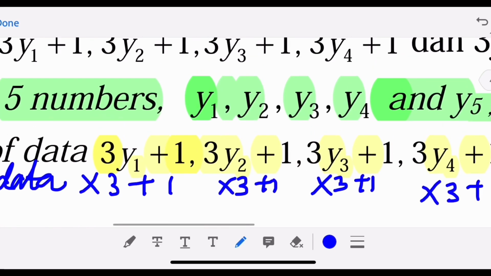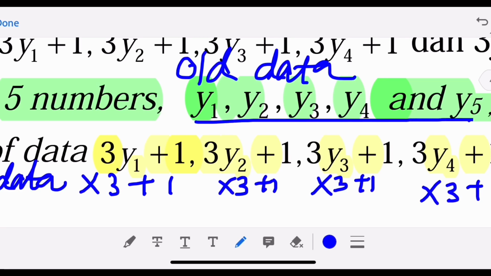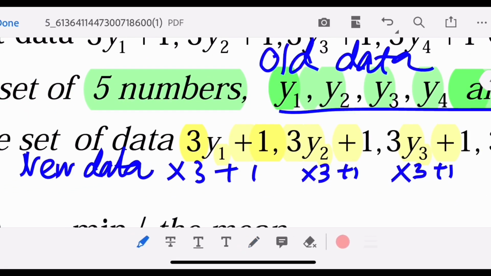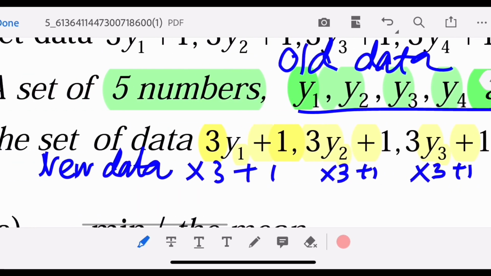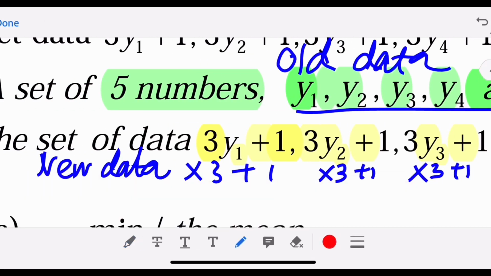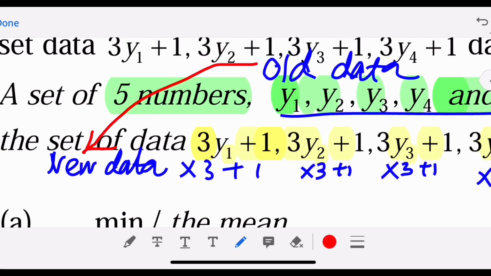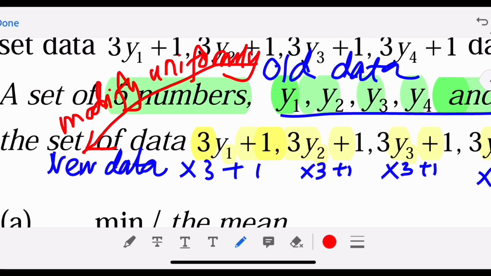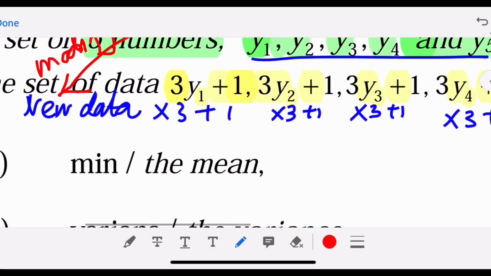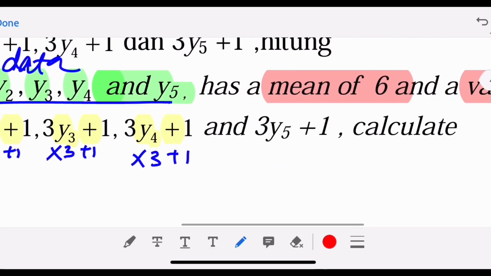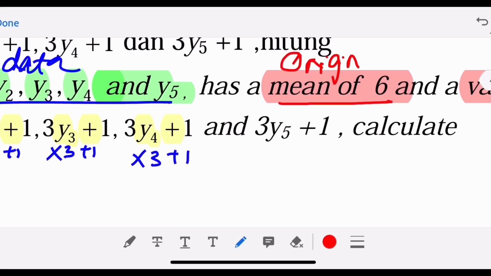Now we need to find the new mean after times 3 plus 1. So by referring to the old data, you are given y1, y2, y3, y4, y5. The new set of data is 3y1 plus 1, 3y2 plus 1, that means the data is being modified uniformly, by times 3 plus 1. For the mean, originally it is given as 6.